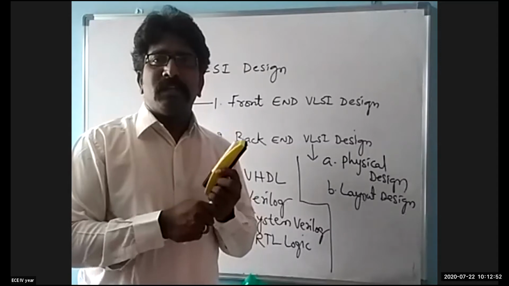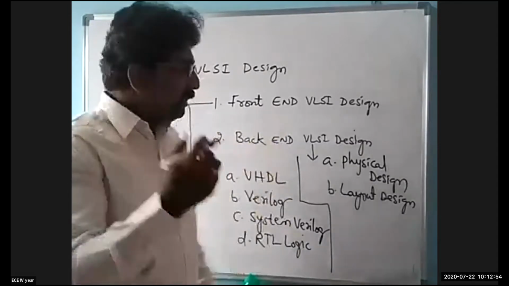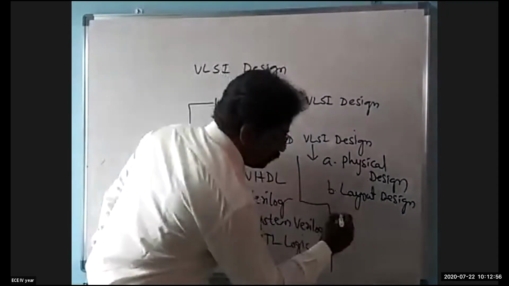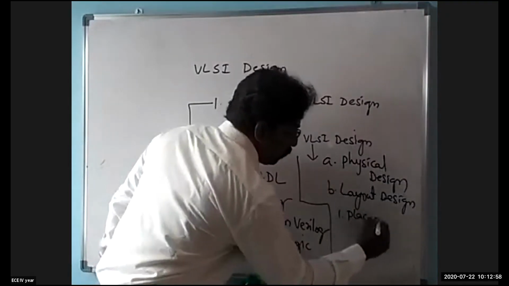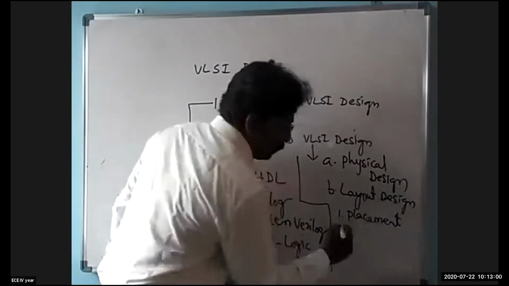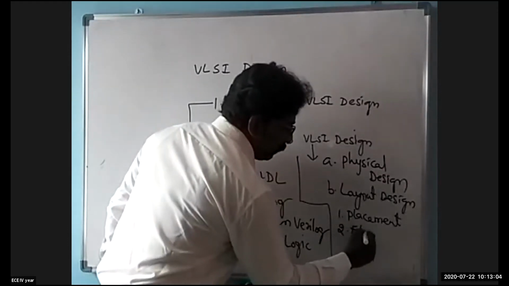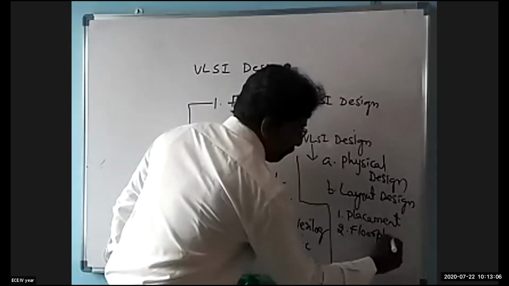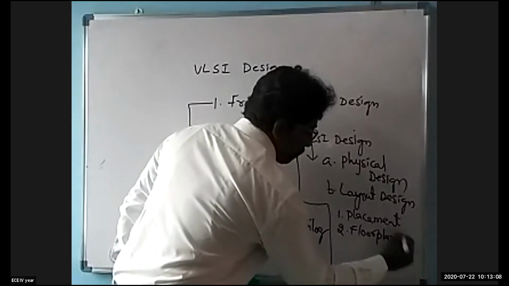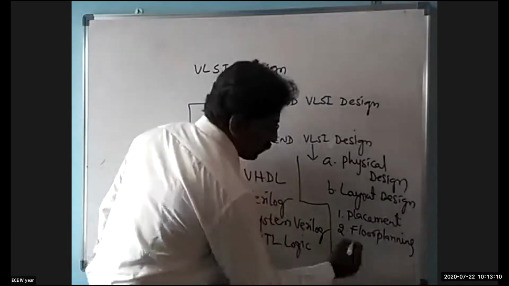That area is divided into three types. The first one is called placement, the second one is called floor planning, and the third one is called routing.